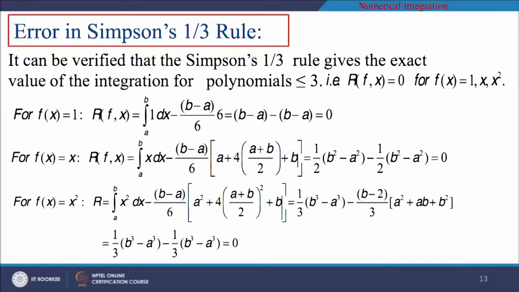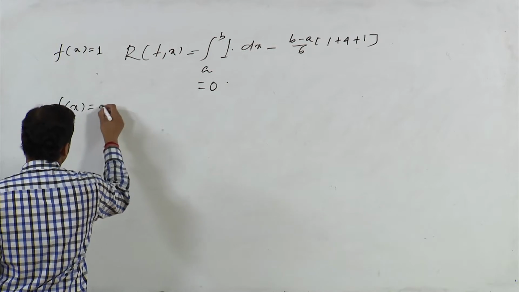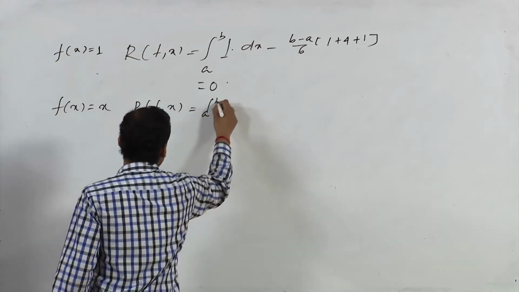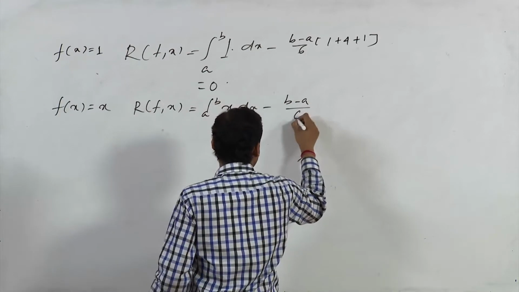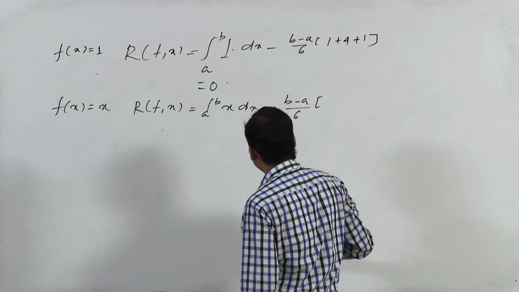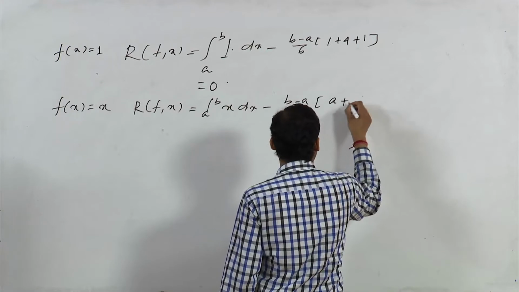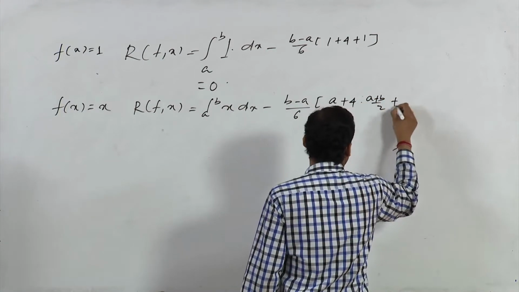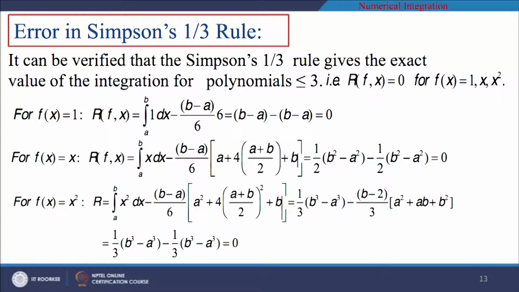Similarly, consider f of x equals x. Then r of f of x can be written as the integral from a to b of x dx minus b minus a by 6 times a plus 4 (a plus b) by 2 plus b. This obviously gives you a 0 value.